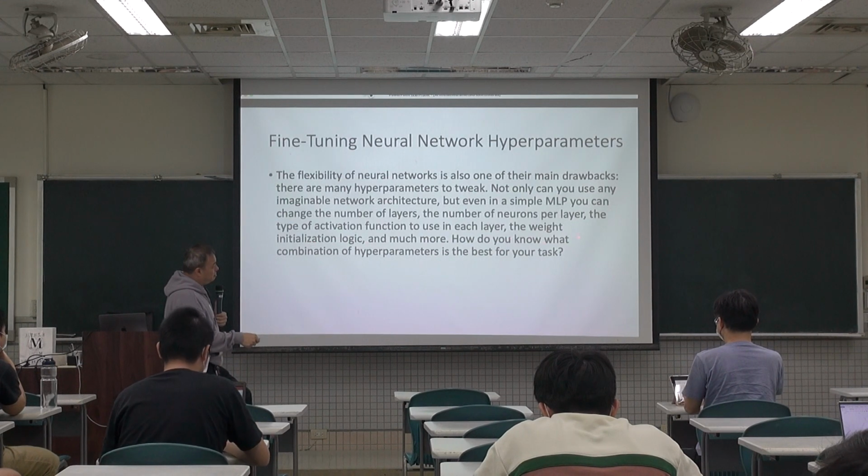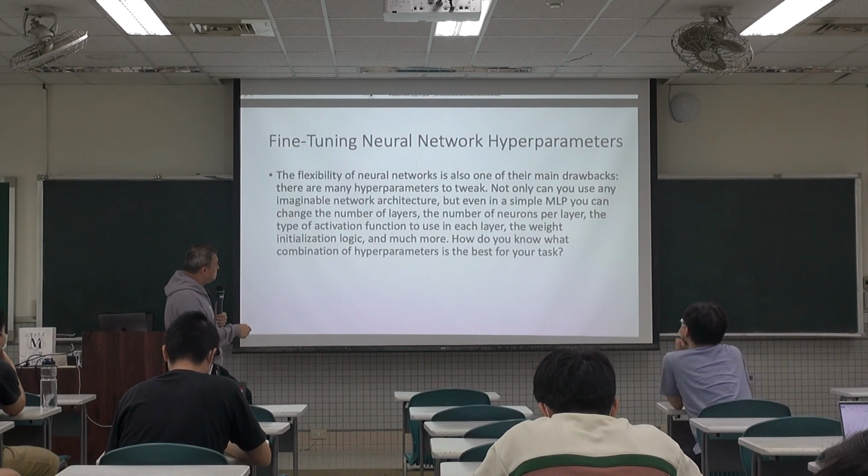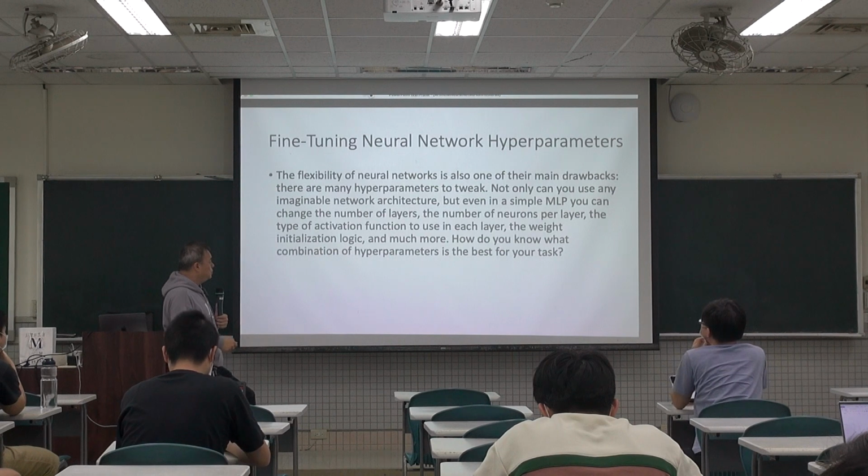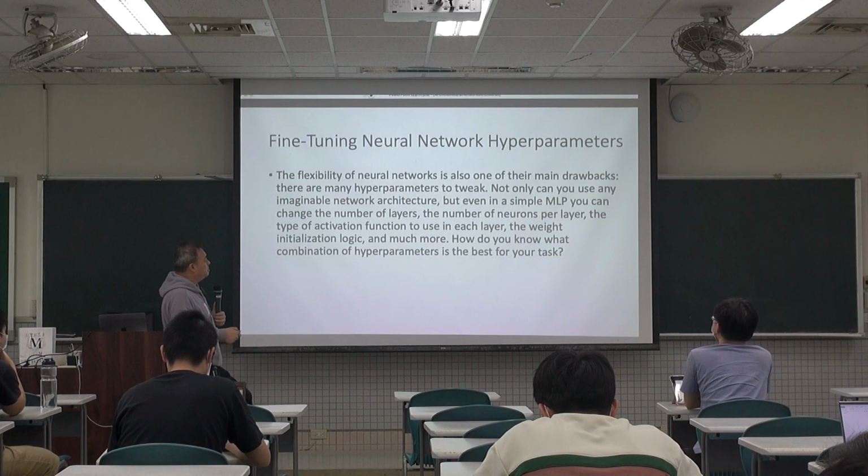A lot of this we really haven't talked about in depth. Other than those, there are, for example, the learning rate and the optimizer. So far, the only optimizer you are familiar with perhaps is SGD, right? There are other optimizers out there that can help you get a much better performance.